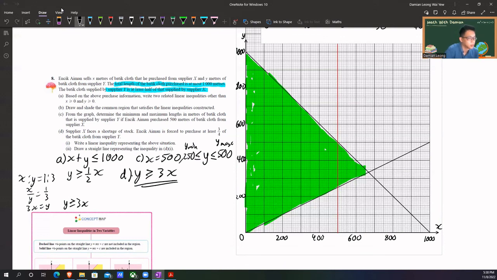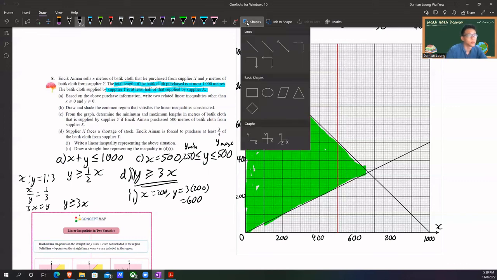That's D1. So draw the straight line to represent this inequality. Basically, you can put any 2 points. If X is 0, definitely Y is 0. So sub in any value of X that is easy to count. Maybe I put X is 200, then Y would be 3 times 200, which is 600. So 200, 600 is here.